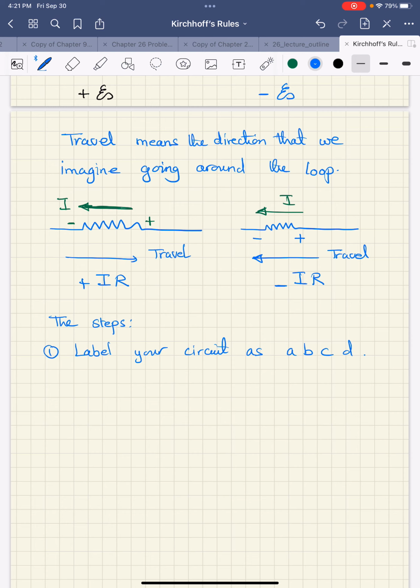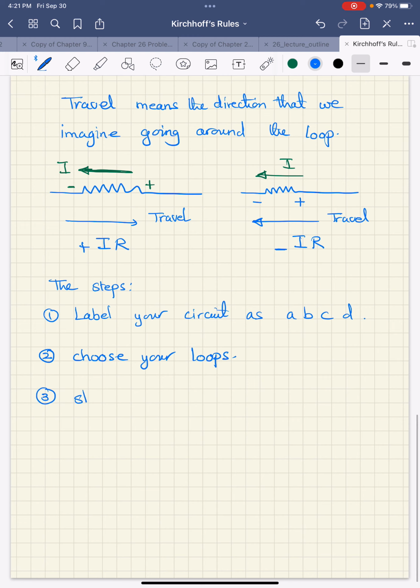Number 2, choose your loops. Number 3, show the direction of all the currents.